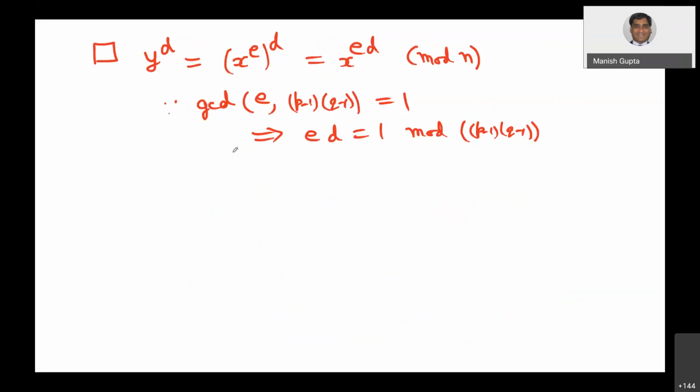Okay, this implies that there exists an integer K such that E into D is equal to 1 plus K times (P minus 1) into (Q minus 1), because it is modulo (P minus 1)(Q minus 1). So that means ED minus 1 is a multiple of (P minus 1)(Q minus 1).